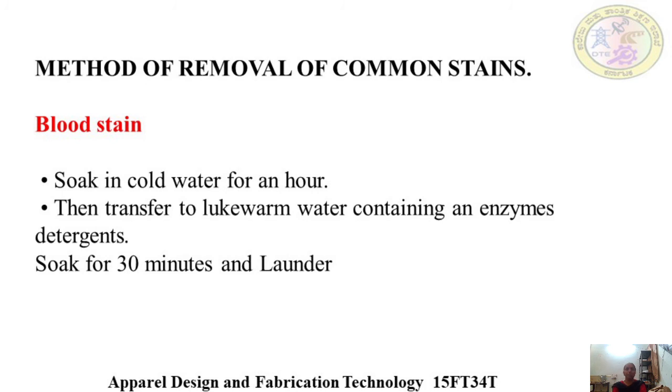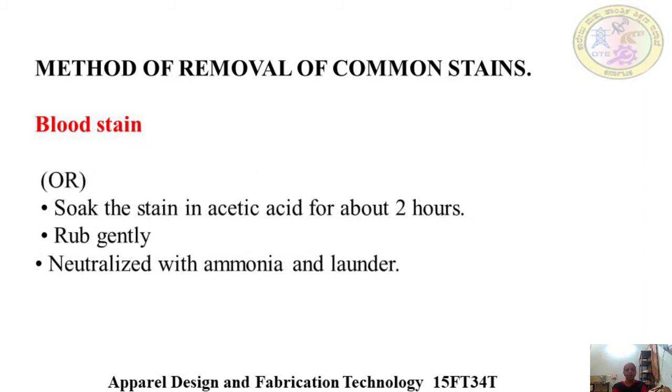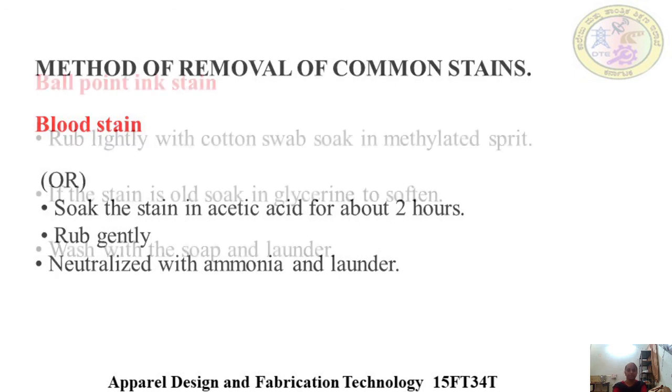So if it is a blood stain, you have to follow this method. Or soak the stain in acetic acid for about 2 hours. Rub gently, neutralize with ammonia and lastly launder. So either this method or the other method can be followed to remove the blood stain.